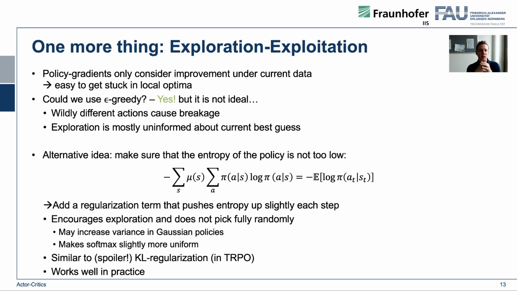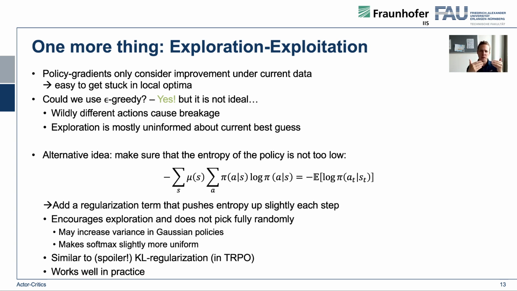This can be easily done with an additional regularization term that pushes the entropy up at each step, so that you keep an explorative nature in your system. Meaning that you encourage a little bit of exploration, but do not pick fully randomly. You may want to increase variance in Gaussian policies, for instance, or make a softmax slightly more uniform.